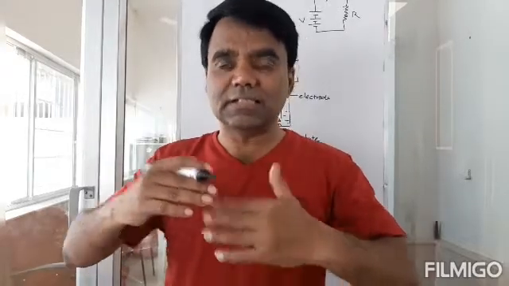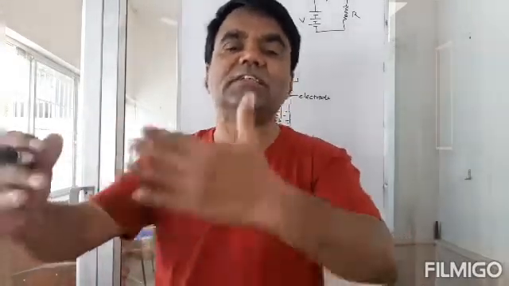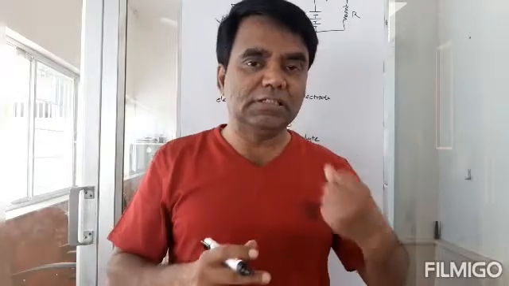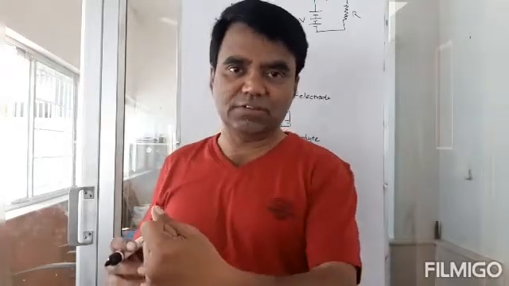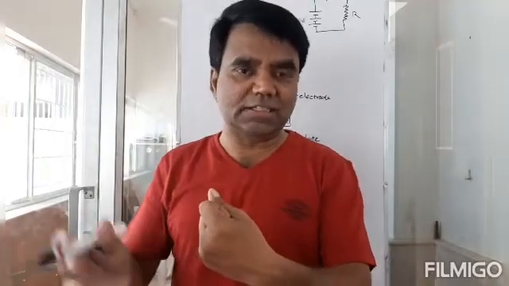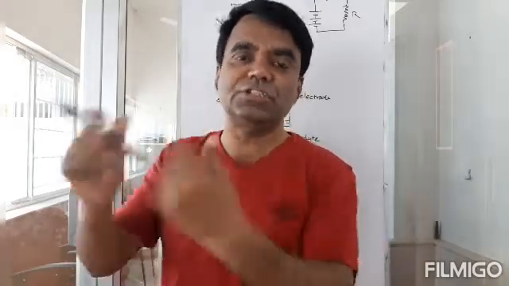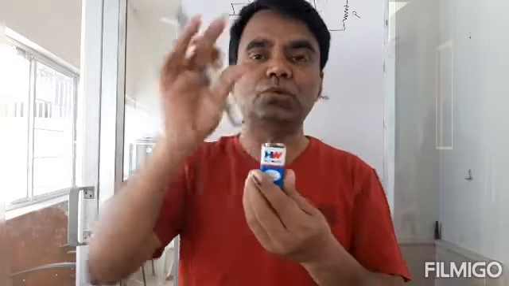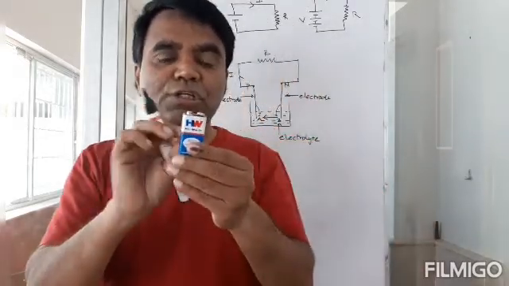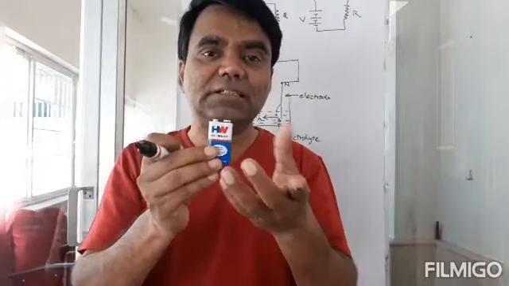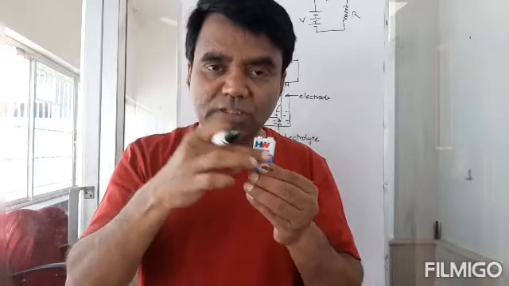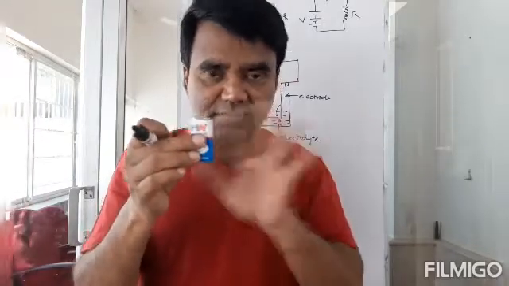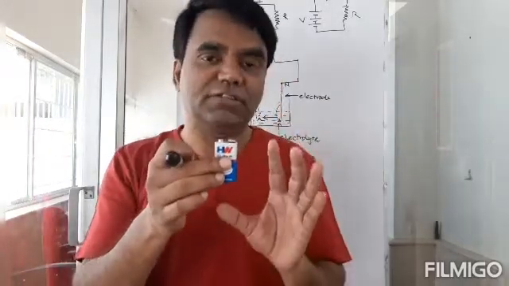And then clearly the exchange of energy will take place, because the ions will get accelerated, then hit the other ions or atoms, and then transfer energy to them, so they will get heated up. So when current is flowing through the battery, then you can sense that the battery is getting heated up. Why is it getting heated up? It's because of the collision that is taking place inside when the current flows through the battery.